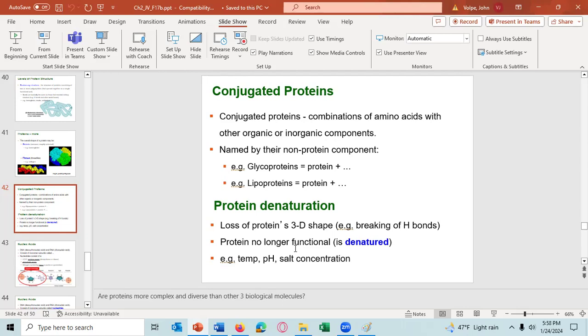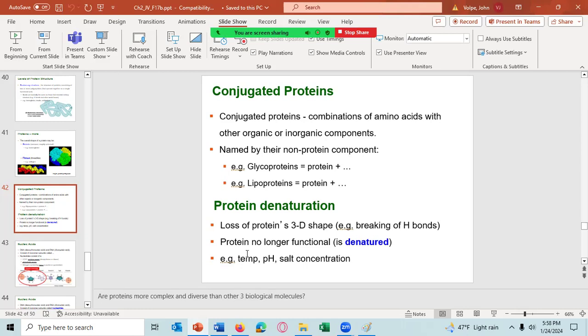You put it into your pan, and then you cook the egg. How you do that is you're just raising the temperature, and that will denature the protein of the egg white, changing its appearance from translucent to white in color. And then you change it from a liquid to a solid as well.